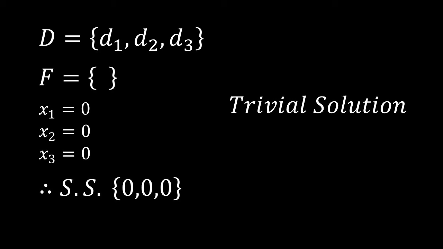As we have observed, we have a unique solution wherein the value of our x sub 1 is equal to 0, x sub 2 is equal to 0, x sub 3 is equal to 0. Since our coefficients are all equal to 0, therefore our solution is called a trivial solution.